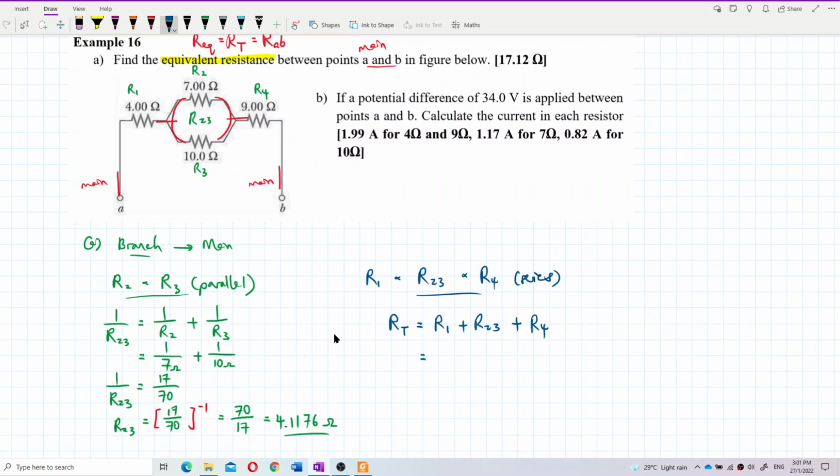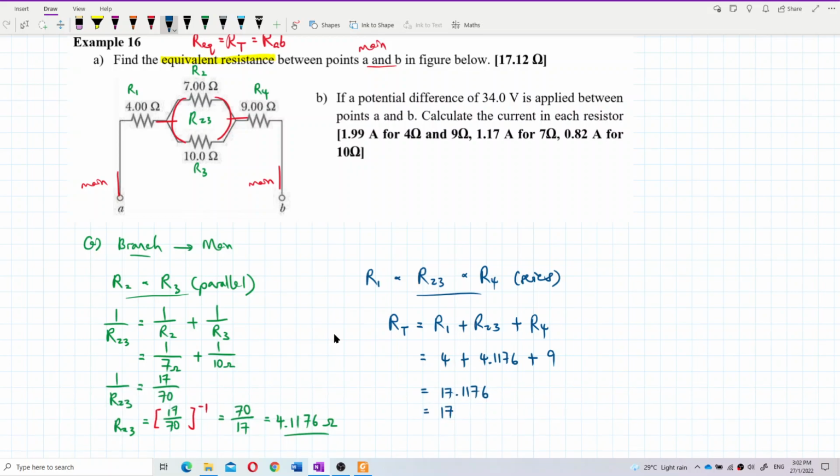R1 is 4 ohm, R23 is 4.1176, which I got just now, plus R4 is 9 ohm. So total them up. Plus 4 plus 9, I got 17.1176 ohm.